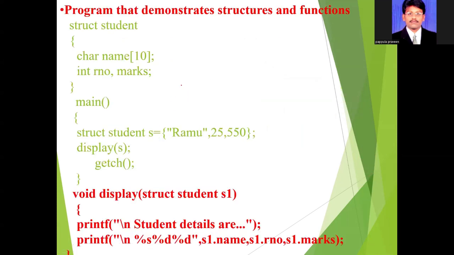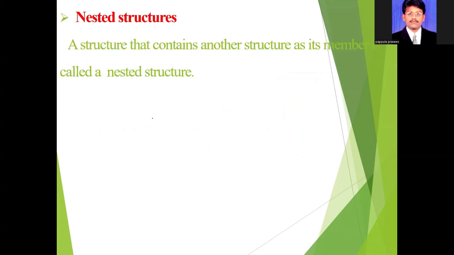Now coming to the program. We have three variables: name, roll number, and marks. Now we initialize the values. Either you initialize the values or you read the values, anything is okay. Ramu, 25, 50. Okay, display of S, you observe here.